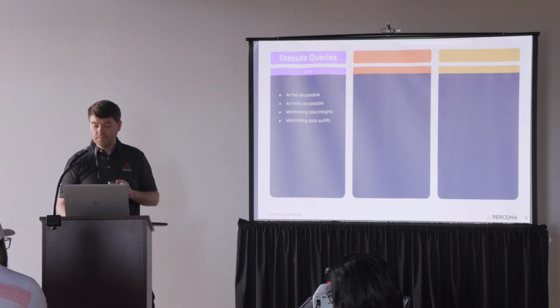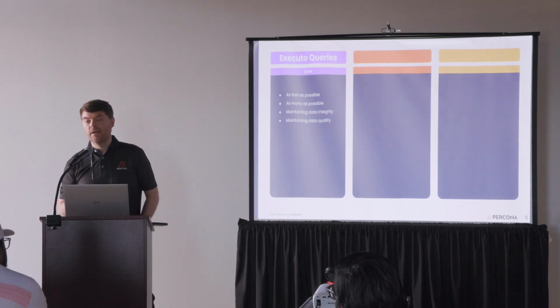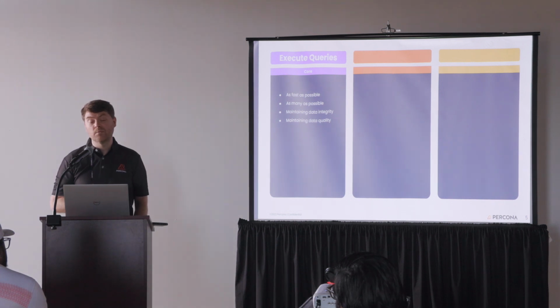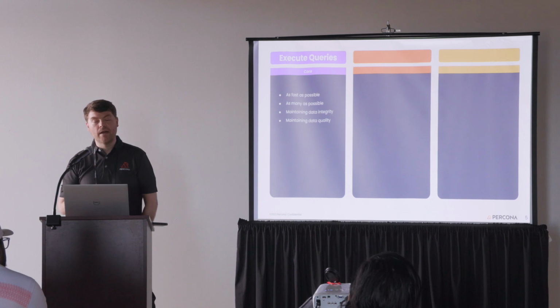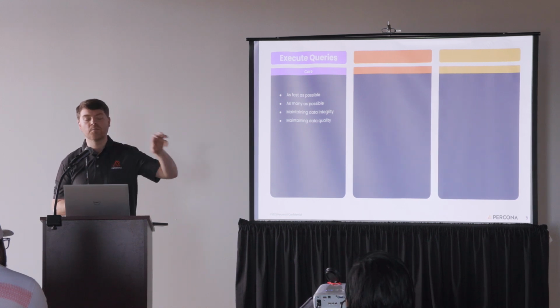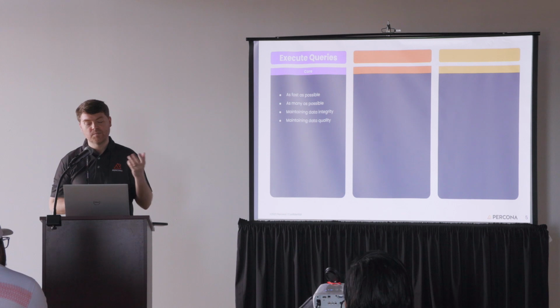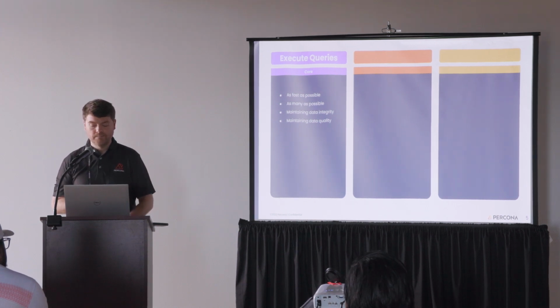Some systems will sacrifice the bottom two for the top two, and even MySQL and Postgres will allow you to do that with certain settings. So you need to keep in mind what the purpose of the database is. You can always squeeze extra performance by tweaking that data integrity and data quality knob, but you run the risk of split brain or dirty data, things like that. So things to keep in mind.